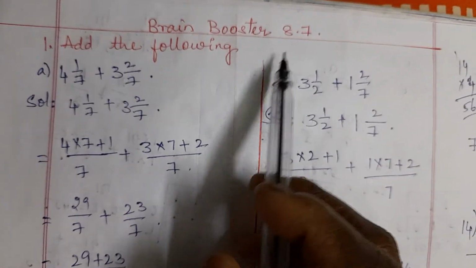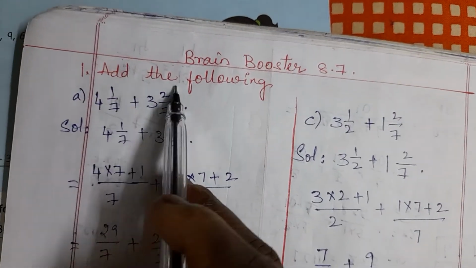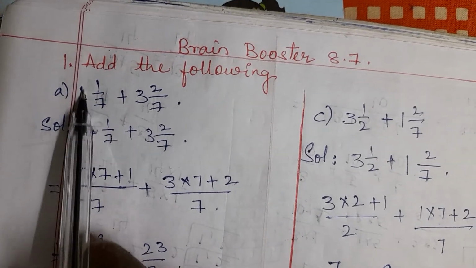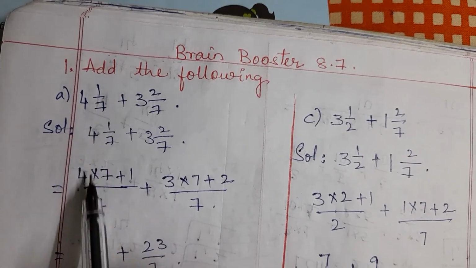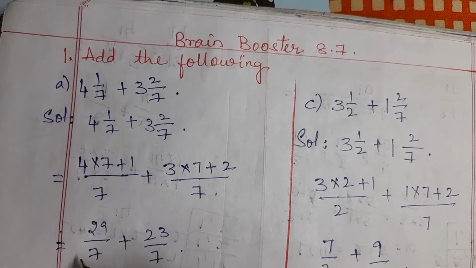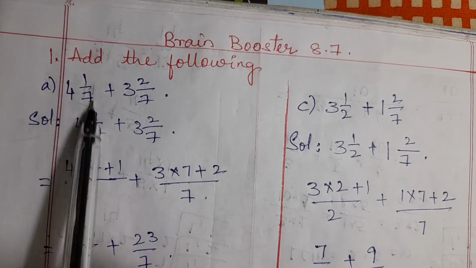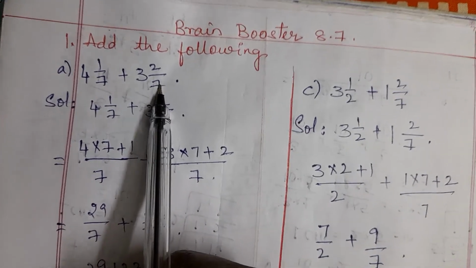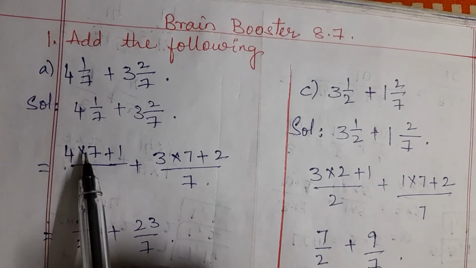Now children, brain booster 8.7, add the following. Here we have mixed fractions, so we need to make the mixed fractions improper fractions, then add. Okay, now 4 1 by 7 plus 3 2 by 7. We have already learnt how to change to improper fraction.